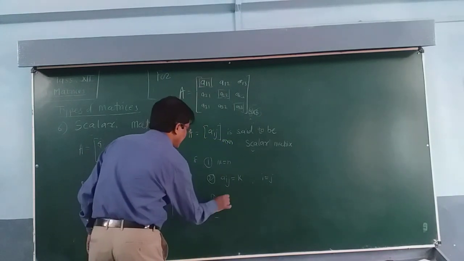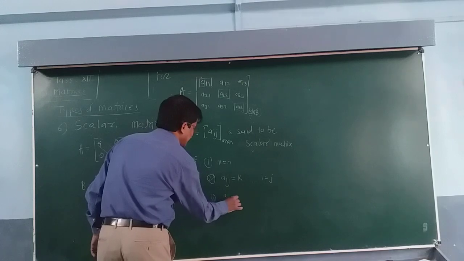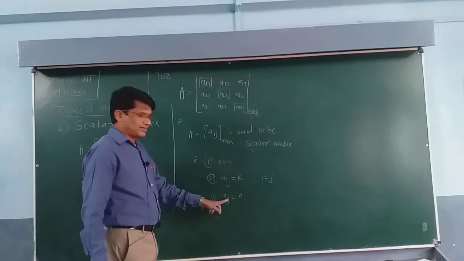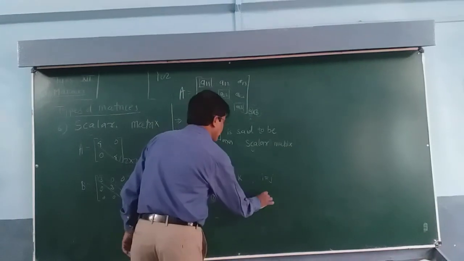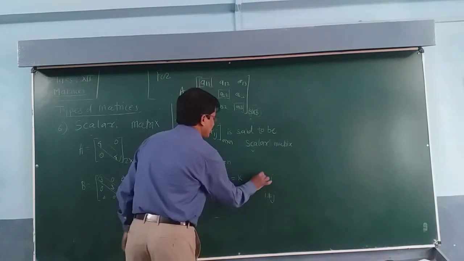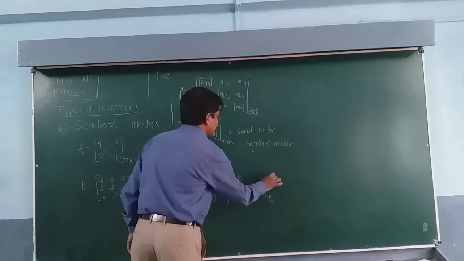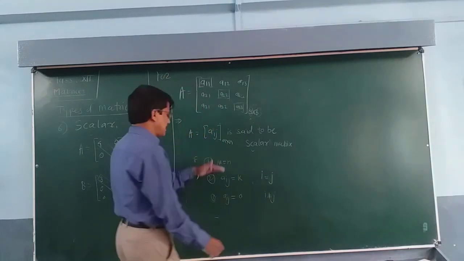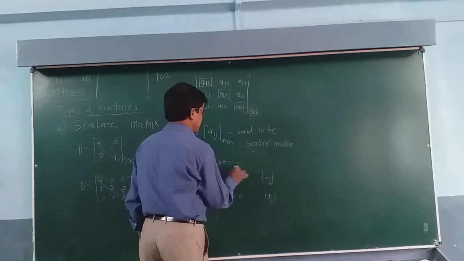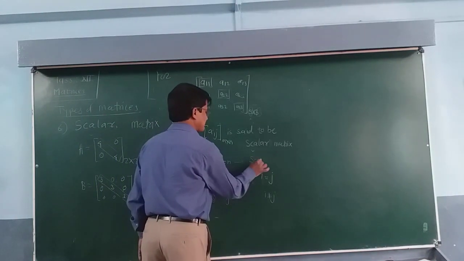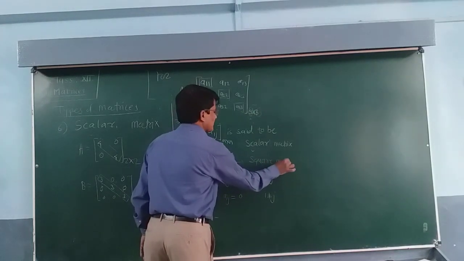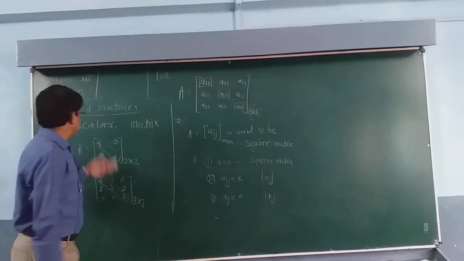And number 3, Aij is equal to 0, which means the elements must be 0 at the places where i is not equal to j. These are 3 conditions. This condition is more important; it gives us a square matrix.